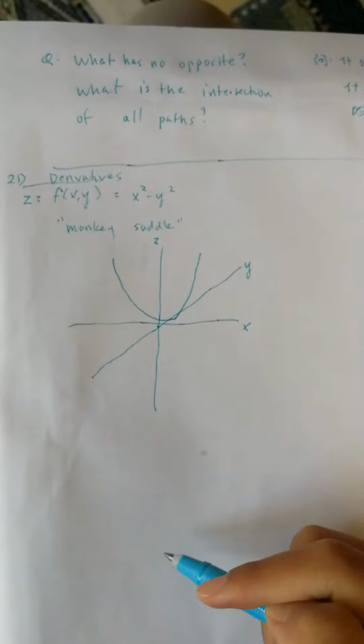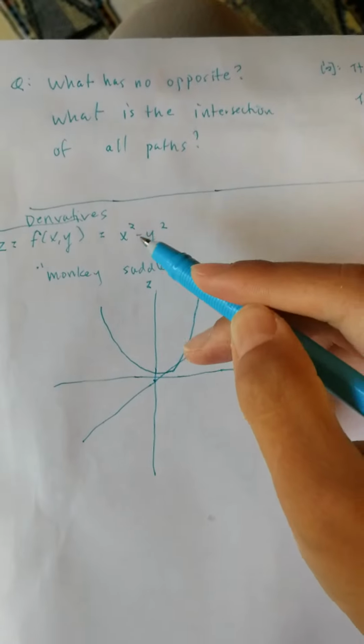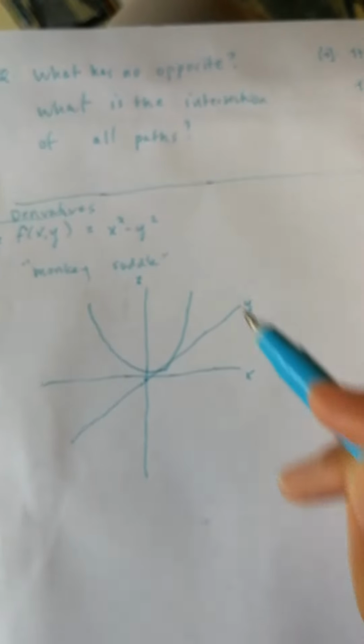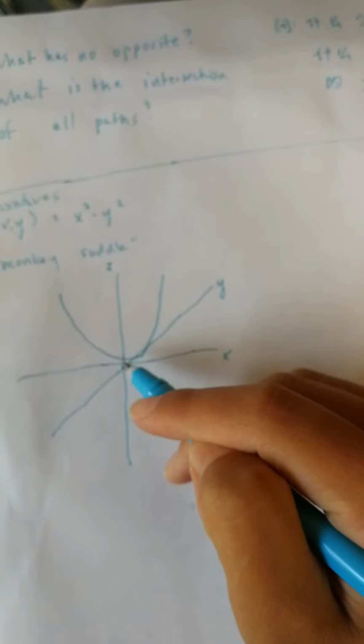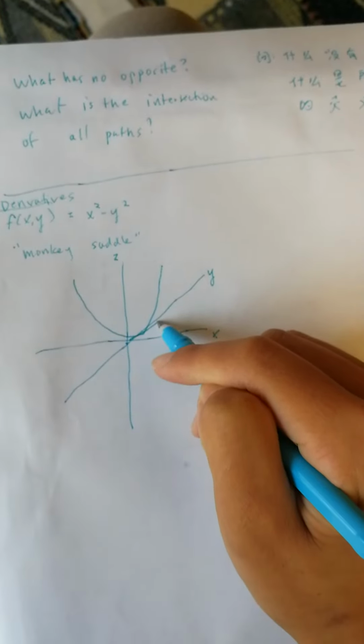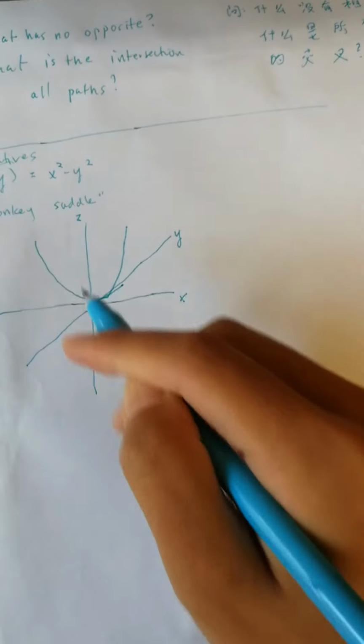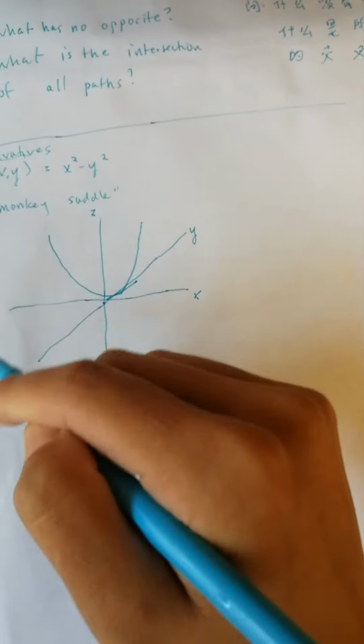Something like that. And then what if y equals 1? Then we get z equals x squared minus 1. Well, y equals 1 means that now you move a little farther this way, okay? And then you take all the x and z values at that y value.